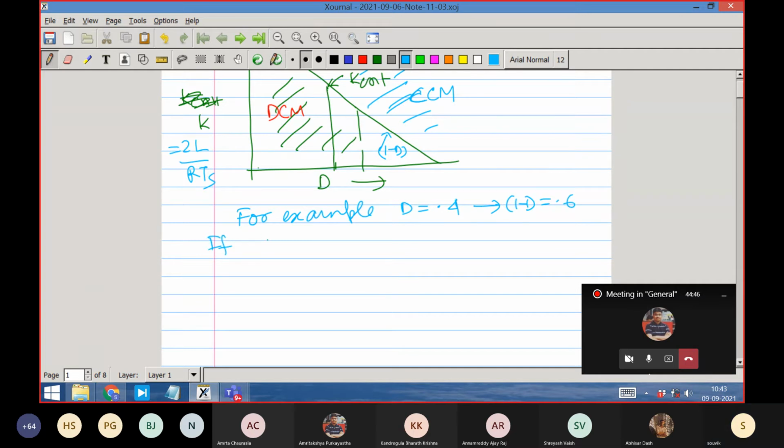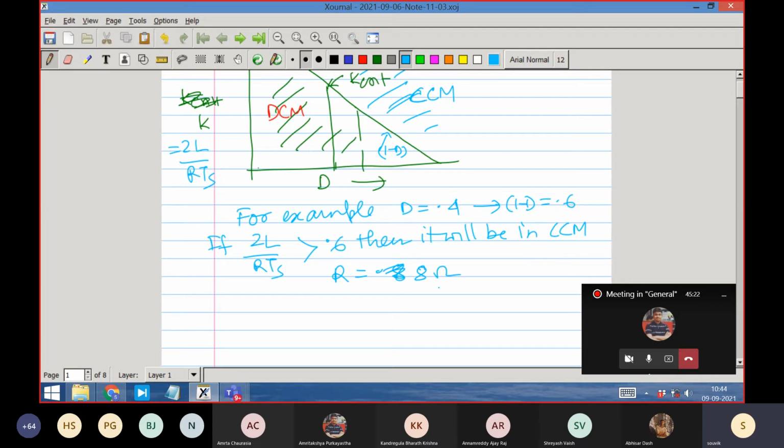If 2L by RTS of the converter is greater than 0.6, then it will be in CCM. So let us take some numbers. Let us take what value of inductor will keep it in CCM, for the condition of R is equal to 8 ohm. We had seen that it had gone into DCM.